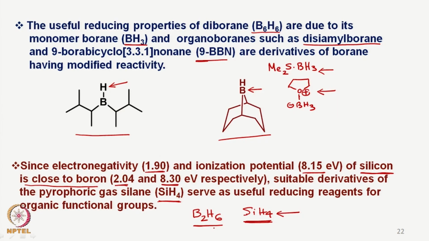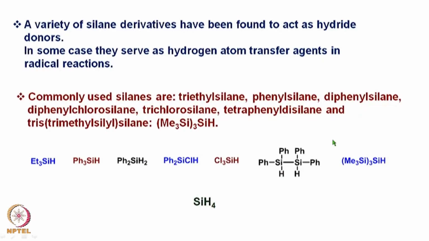But then there are many modifications, just the way such modifications have been done for boron. Chemists have also done modifications on silicon, and a variety of silane derivatives have been introduced to act as hydride donors.